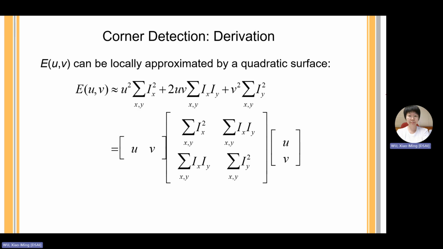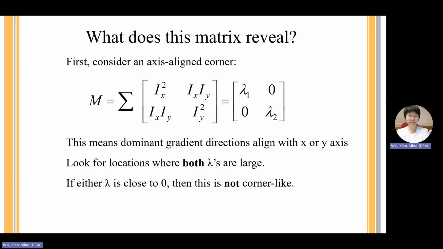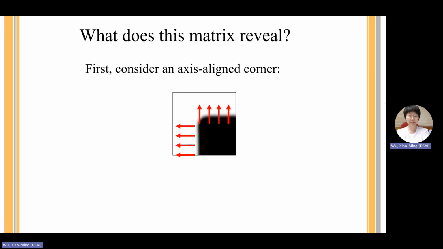Therefore, for this corner point, we call this a nice case because the edges of this corner are parallel with the image boundary.